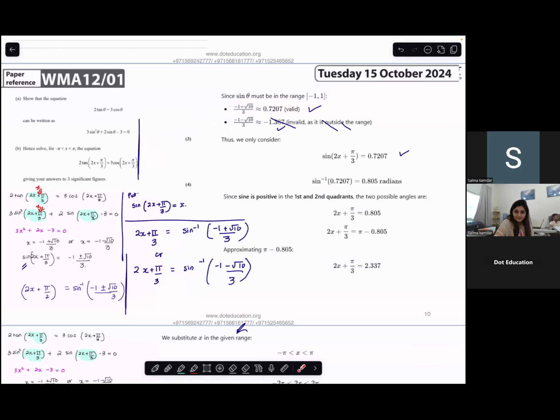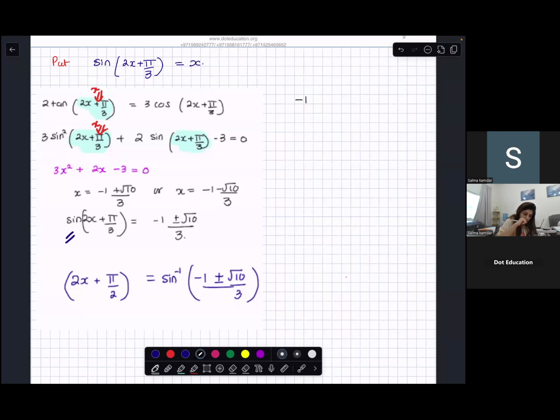Please try. Okay. So once you do all this, you get 2x plus pi by 3 is equal to minus 1 plus or minus root 10 by 3. Are you with me? So I am saying that 2x plus pi by 3 is sine inverse of this.